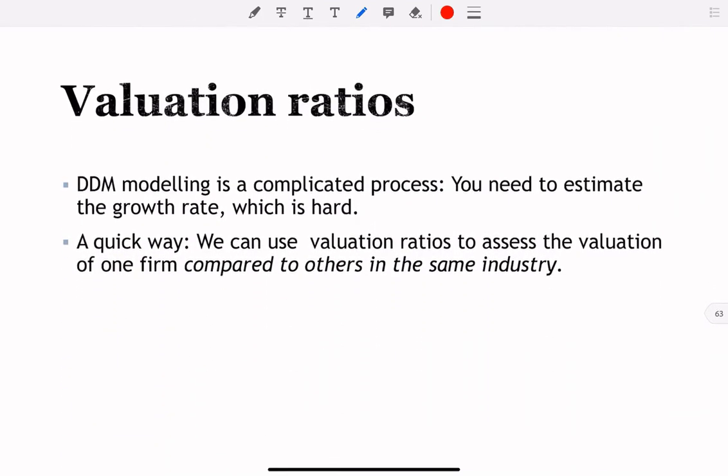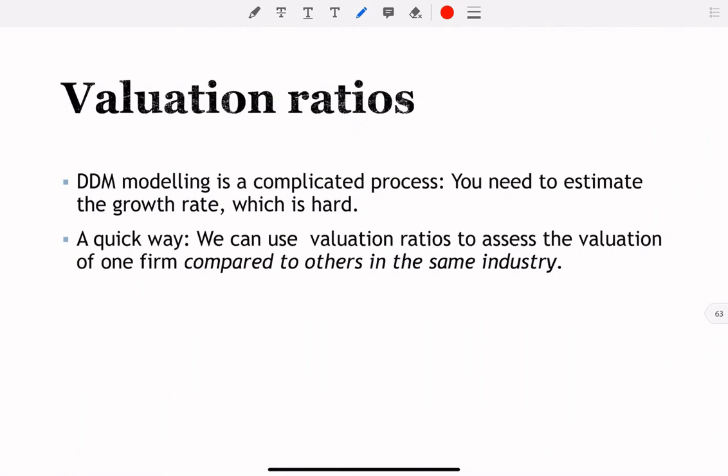Okay, now let's think about the third approach of valuing equity. Remember that the first approach is the dividend discount model. The second approach, which is quite similar to the first approach, is about discounting free cash flows.